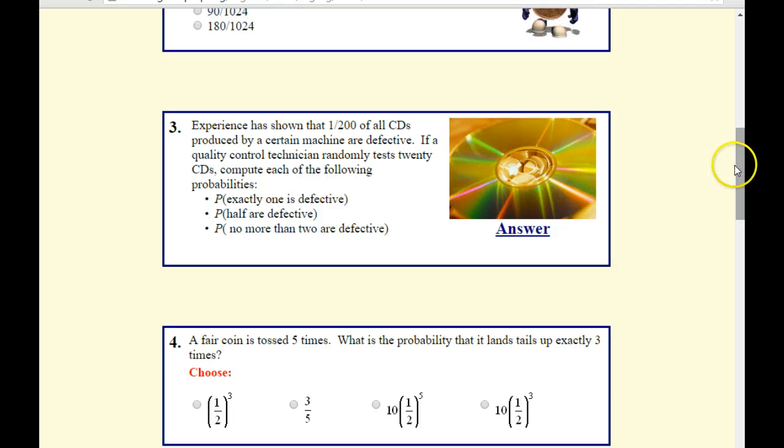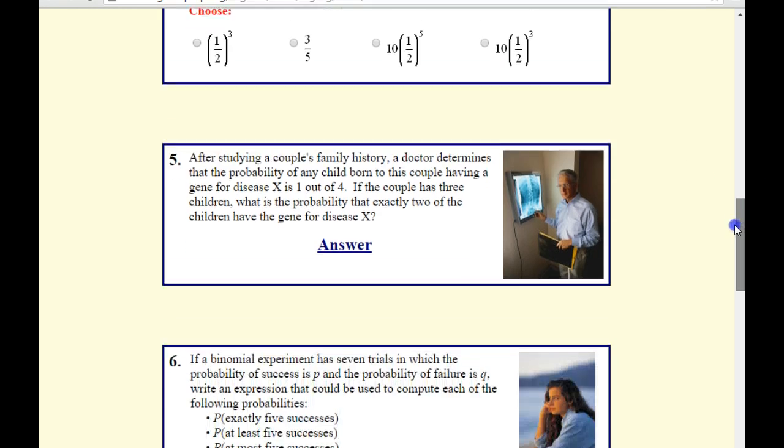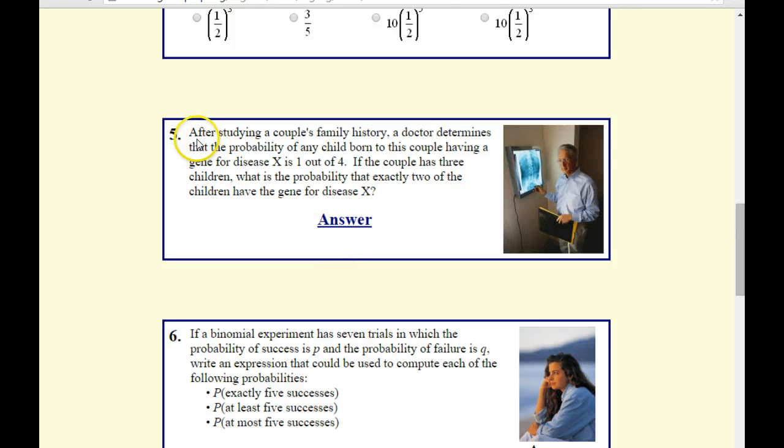All right. You guys figure out this one. Oh, no, they didn't do that one as a decimal. We'll skip it. Okay, I thought this was an interesting question. After studying a couple's family history, a doctor determines the probability of any child born to this couple will have a gene for disease X 1 out of 4 times. So probability of getting this is 1 out of 4. Everybody good?